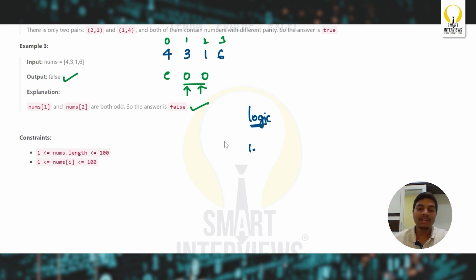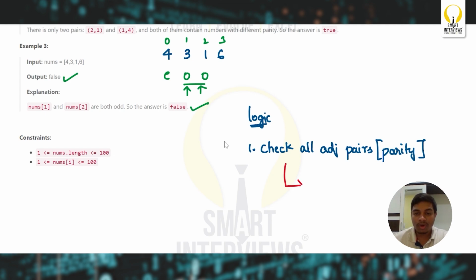The first thing: check all adjacent pairs. What are we supposed to check? Parity. What if they have the same parity at any point of time?